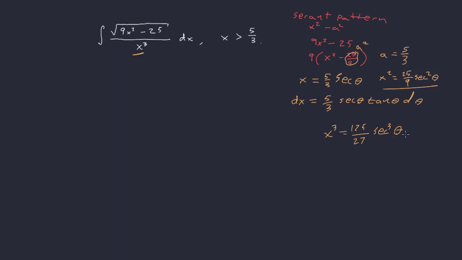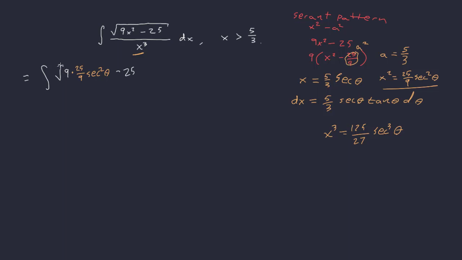Now we've got our new integral we can set up. So let's do that. We'll have 9, and then the x squared gets put in as this 25/9 times secant squared theta, minus 25.